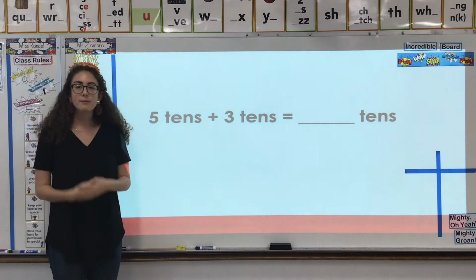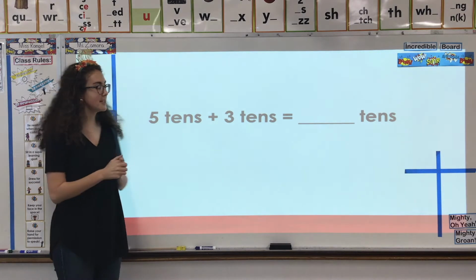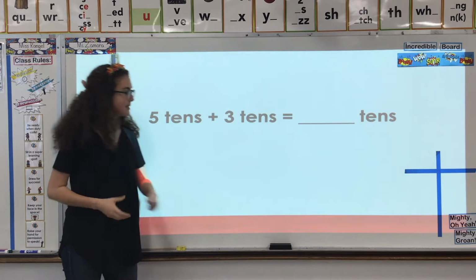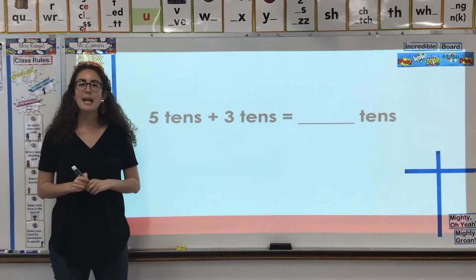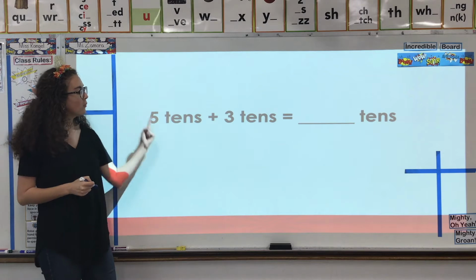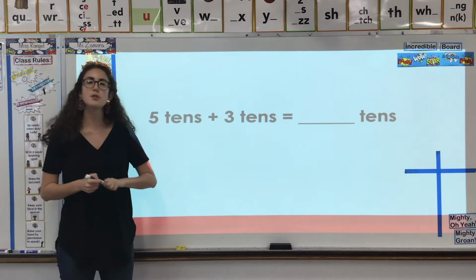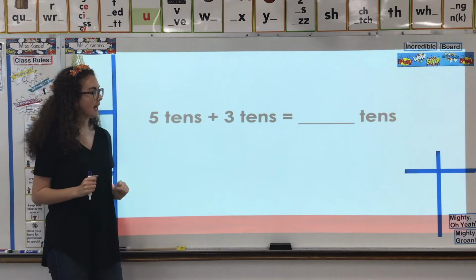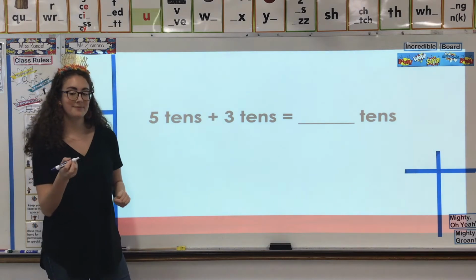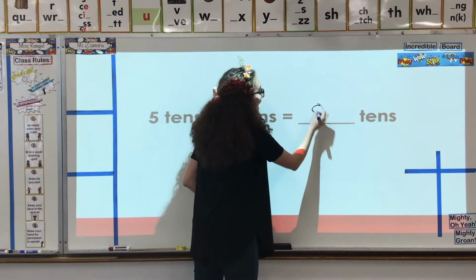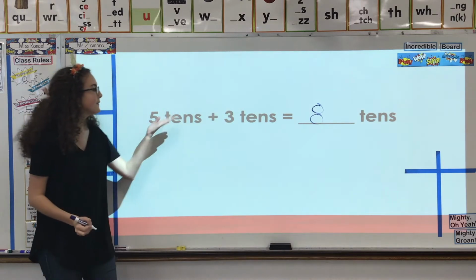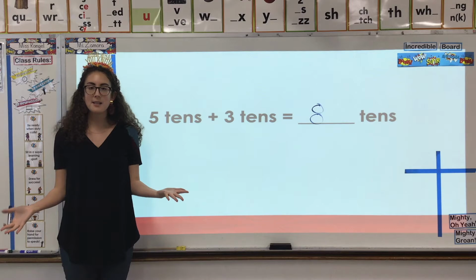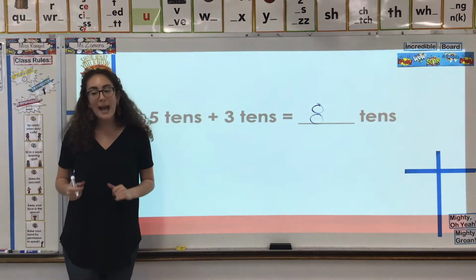So for example, if we were just going to add the tens together, and we had 5 tens plus 3 tens, how many tens would we have in total? What is 5 tens plus 3 tens? 5 plus 3, that is 8 tens, of course. 5 tens plus 3 tens equals 8 tens, because we were only adding the tens place together.